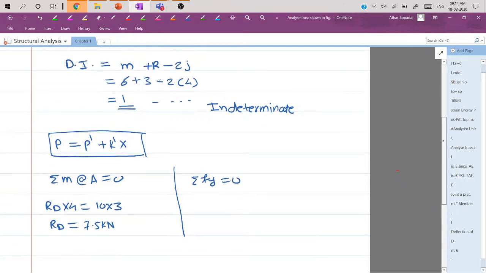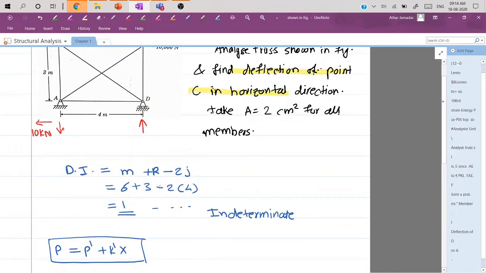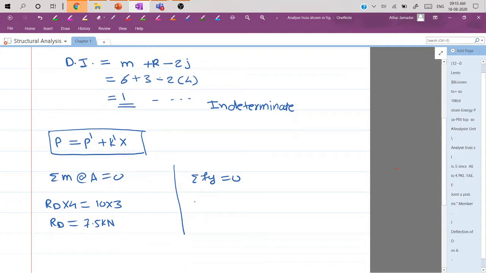Initially I know that this reaction is going to be downward, so I have directly taken the sign for RA in the downward direction. Taking summation Fy equal to 0, minus RA plus RD is 0, because no other vertical force is acting.